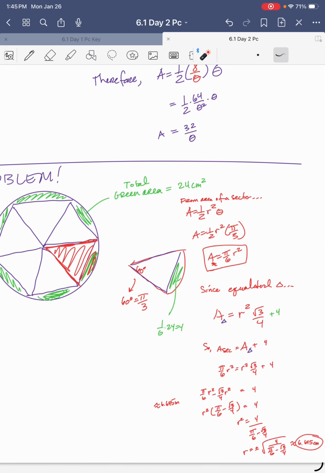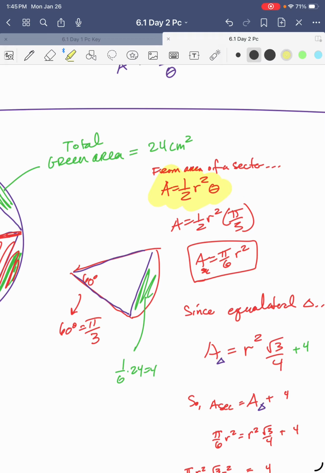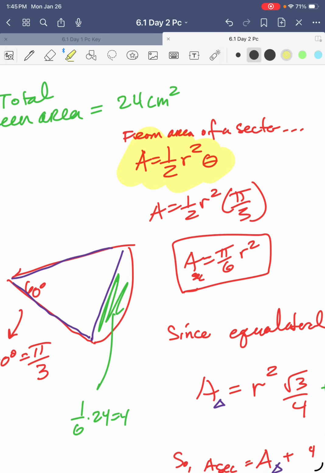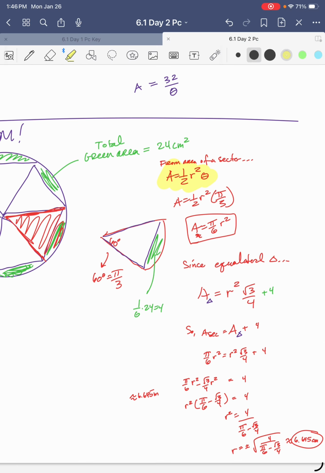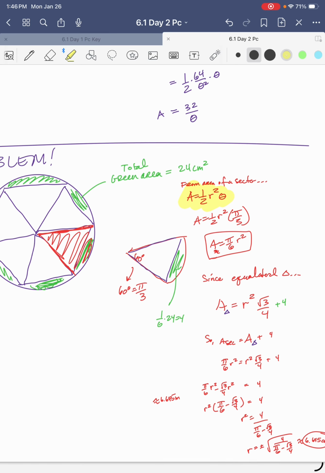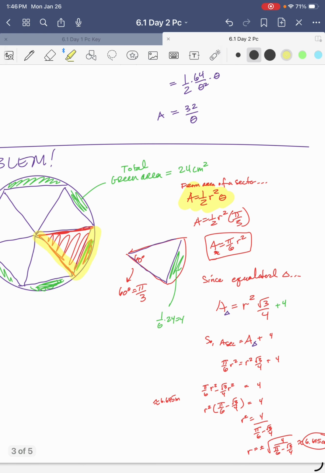Well, I know first off from the area of a sector that this must be true. So the area of this entire sector right here turns out to be pi over 6 r squared.